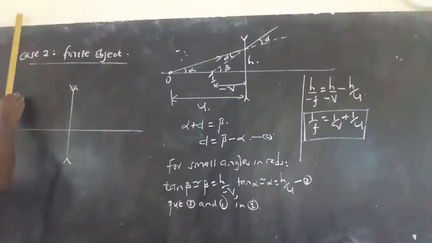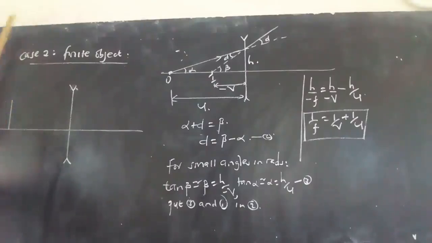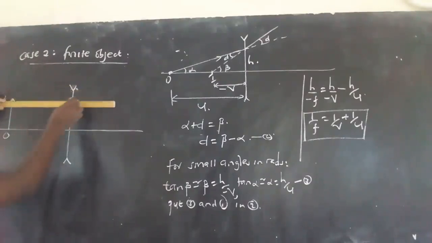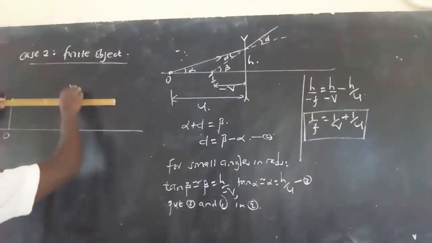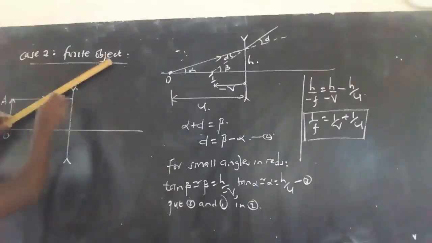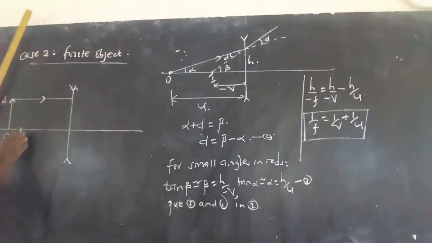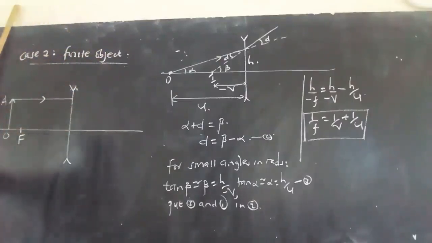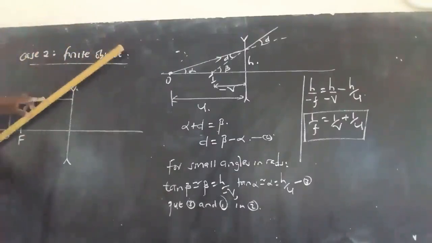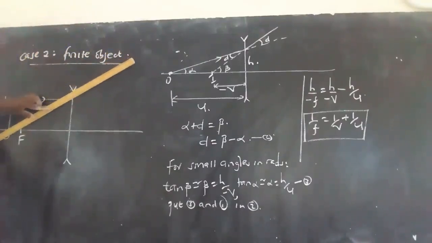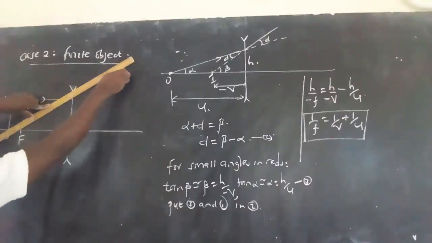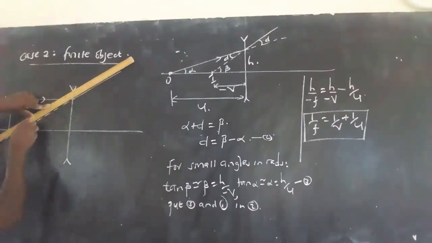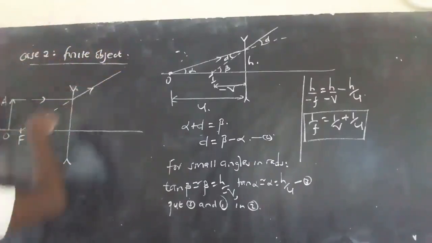Then this is the object, this is O. This is L. And now when it is refracted, it will appear to be coming from where? From here. So we shall have this, like that.